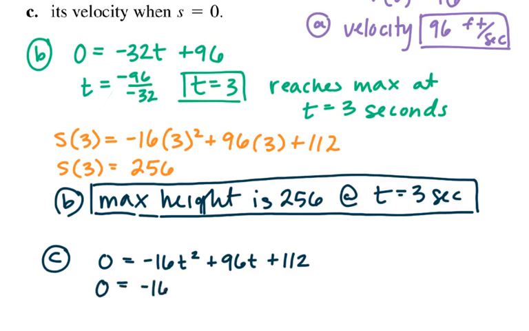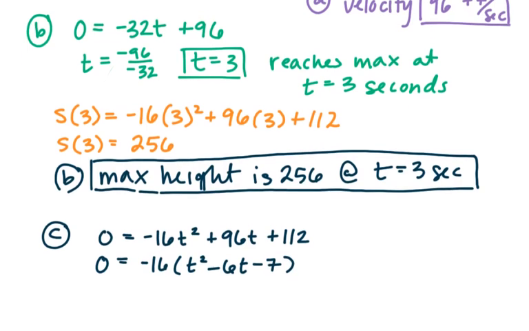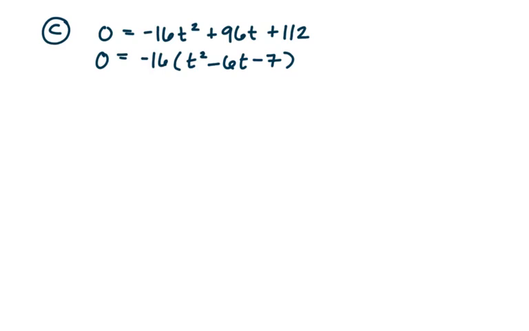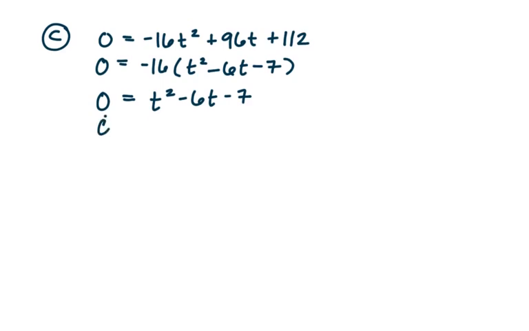I can factor out a negative 16, which gives me t squared minus 6t minus 7, dividing by negative 16 on both sides. That would go away. 0 divided by negative 16 is still 0. T squared minus 6t minus 7. This factors, and I end up with t minus 7 and t plus 1.